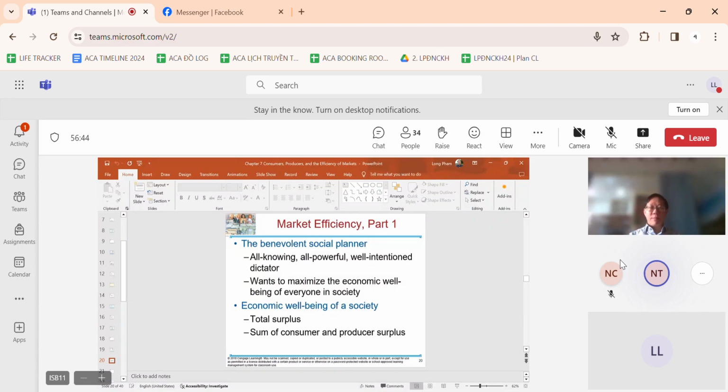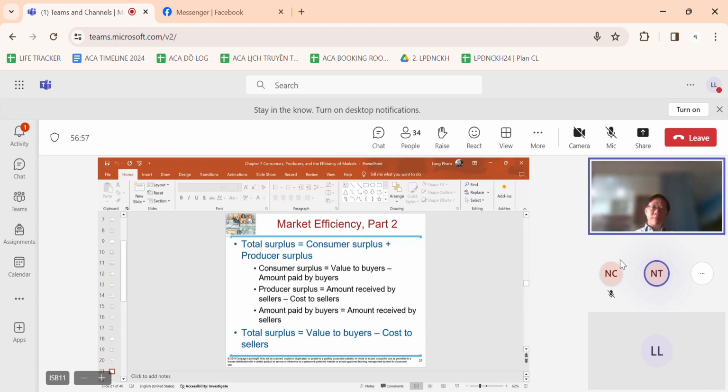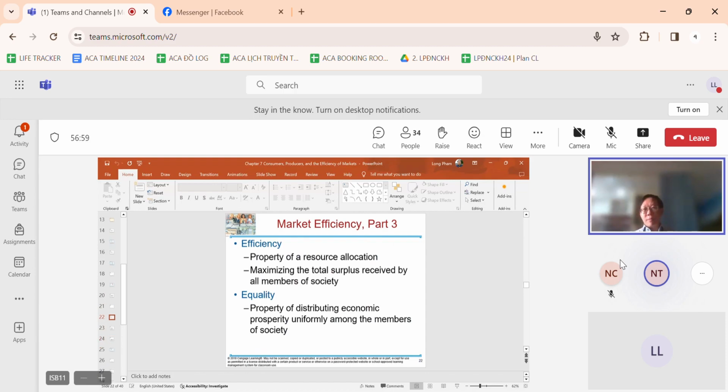I will begin with what efficiency means. It means that the goods are consumed by the buyers who value them most highly, and that the goods are produced by the producers with the lowest cost, and raising or lowering the quantity of a good would not increase total surplus.